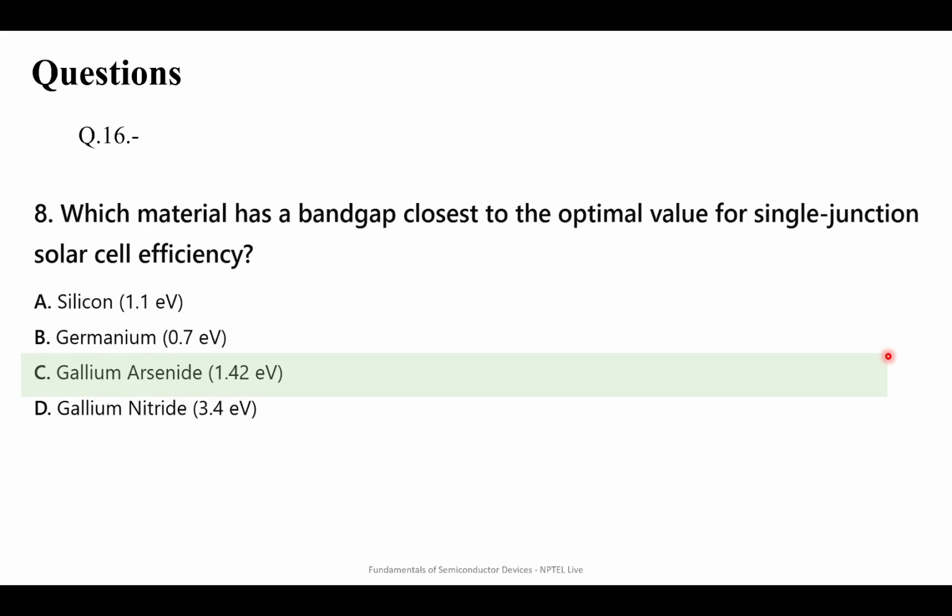But for 10 photons, if I am only able to generate 5 electron hole pairs, then my quantum efficiency is 50%. Okay, sir. And that is a material property.